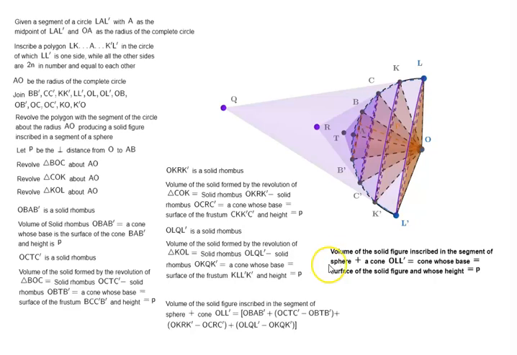So that means volume of the solid figure inscribed in the segment of the sphere plus cone OLL prime is equal to a cone whose base is equal to the surface of the solid figure and whose height is equal to P.